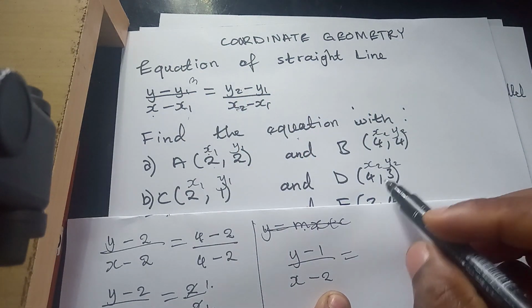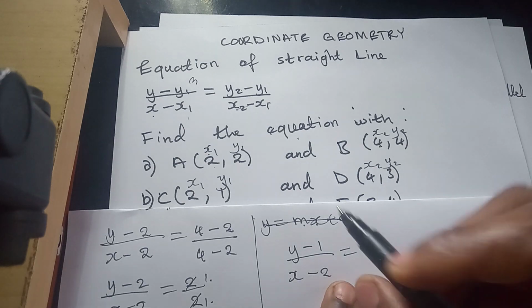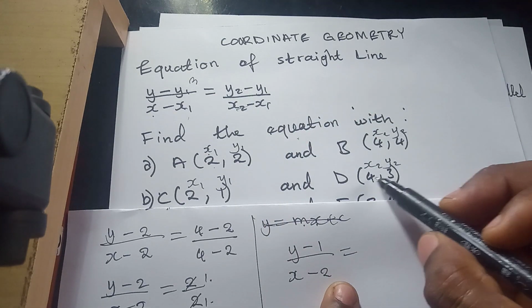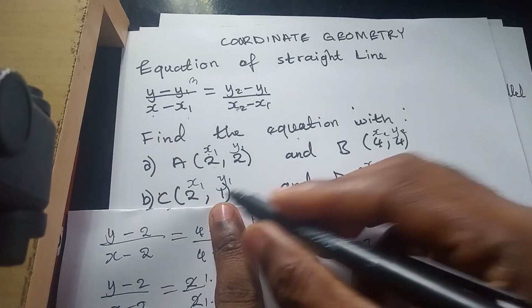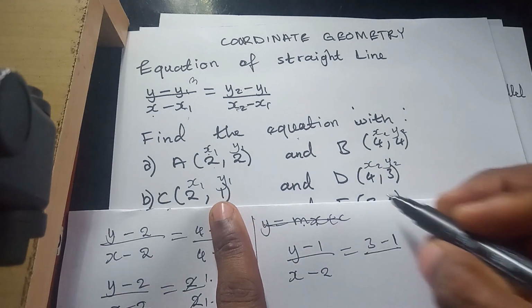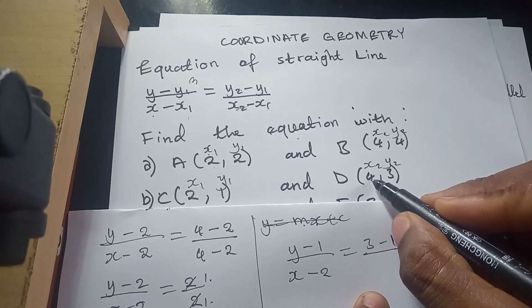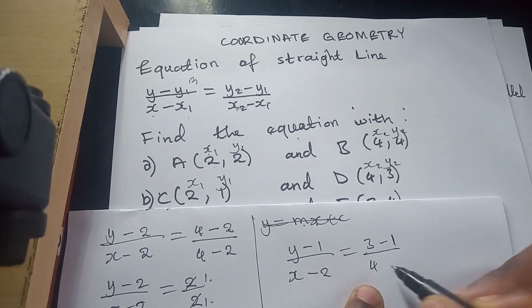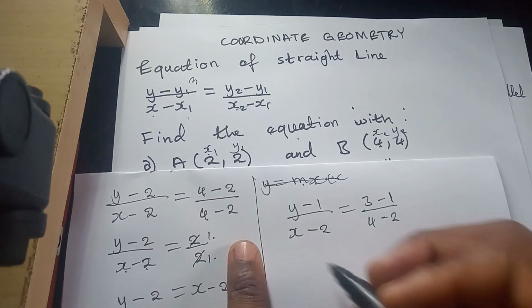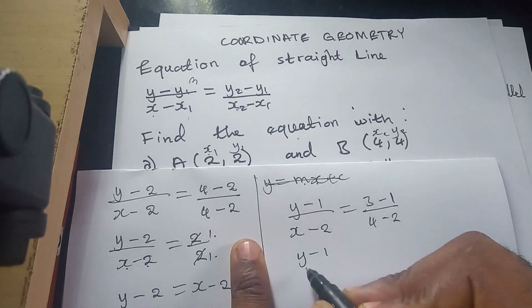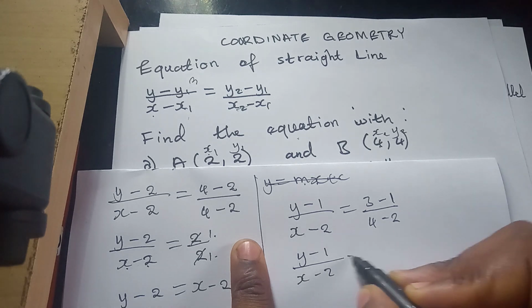And then we can say y2 is 3 minus y1, which is 1, over our x2, which is 4, minus our x1, which is a 2. So we have y minus 1 over x minus 2.